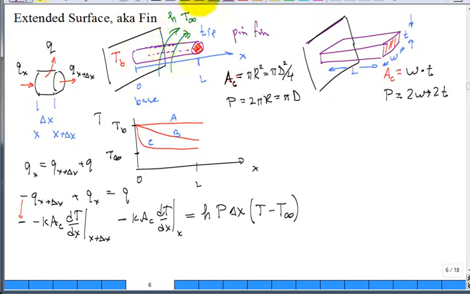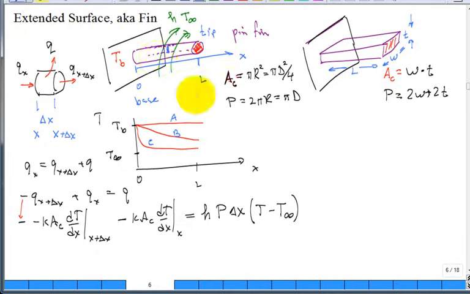Just compare here and here. Well, it's small compared to the temperature difference axially down the fin. That's why it's one-dimensional. So for every cross section, we only talk about one temperature. That temperature is only a function of x, not a function of x and r. Subtle point, but there you go.